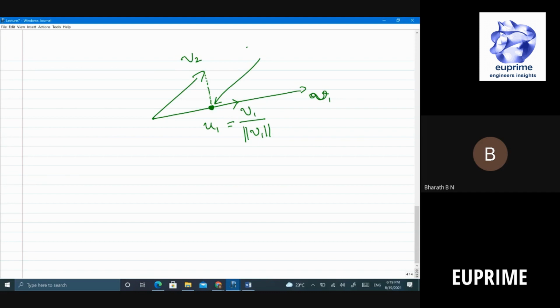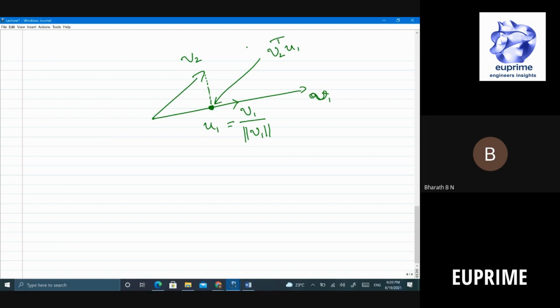If I want to project v onto u, in Euclidean space it's v transpose u. So the length of this is v2 transpose u1. I am projecting onto u1, the unit vector, not v1.